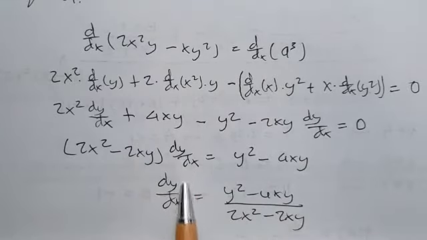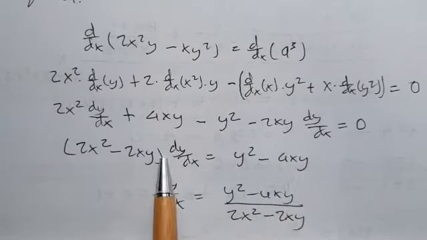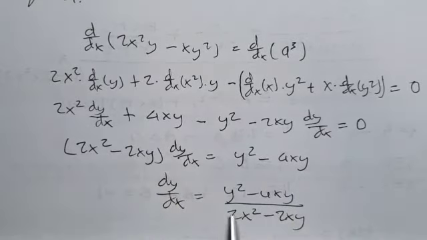Thus dy/dx equals this part divided by this part, that is y squared minus 4xy over 2x squared minus 2xy.